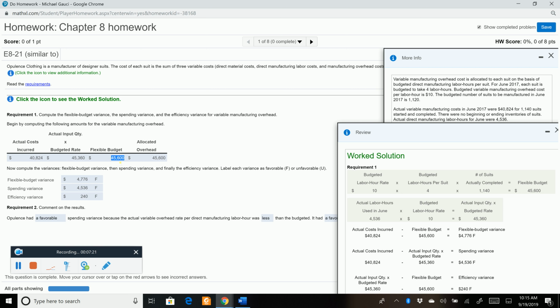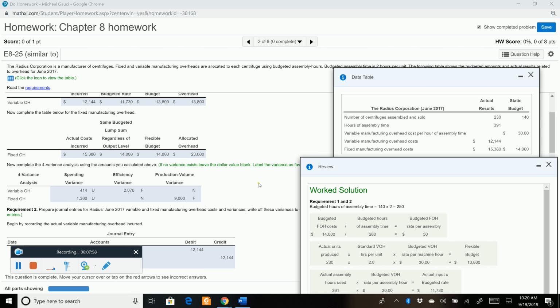And you can see the standard hours allowed for this level of activity came in just a tad higher than using the actual hours. All right, so the actual hours number came in a little bit lower, so that is also a favorable variance. We were just a tad more efficient with our time than was allowable for this level of activity. All right, so the overall flex budget variance, we can break it down into two smaller pieces, the spending variance and the efficiency variance.